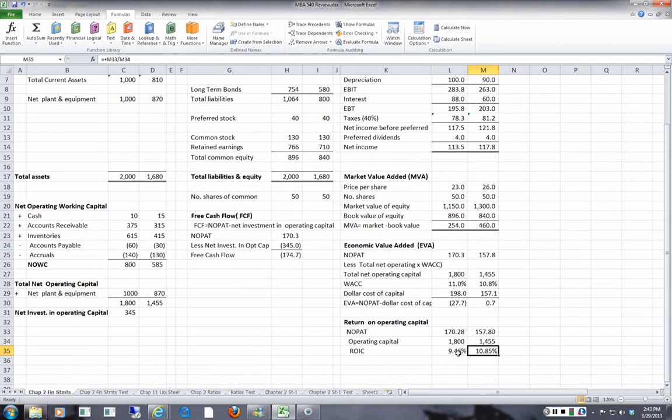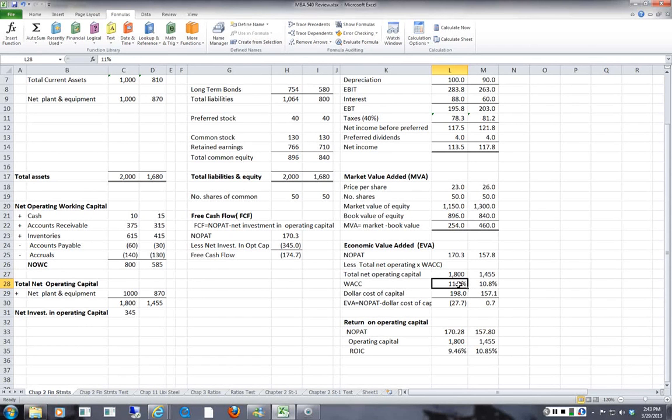Now, 9.46 is not good enough, because in this economic value added, EVA, we've got the NOPAT up there, and we've got the total net operating capital of $1,800,000 and $1,455,000, and the weighted average cost of capital is 11%.